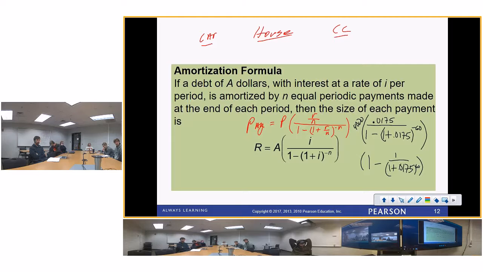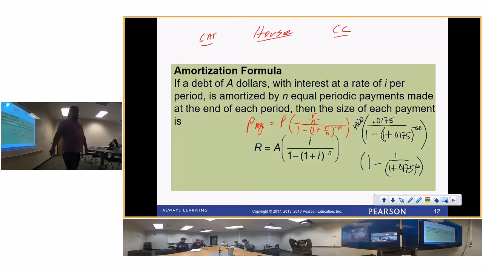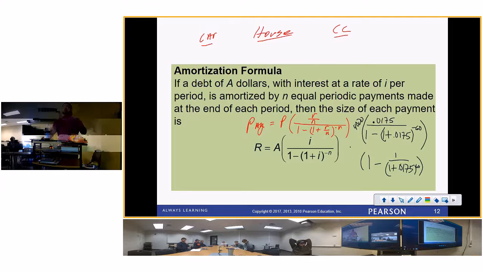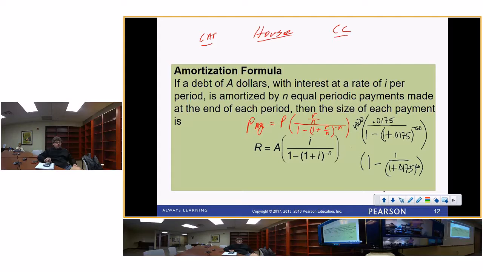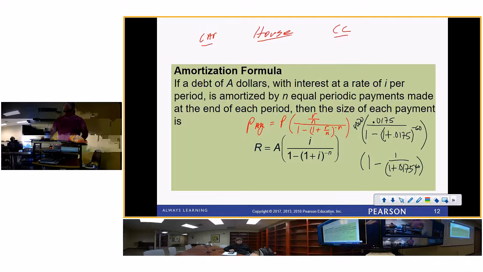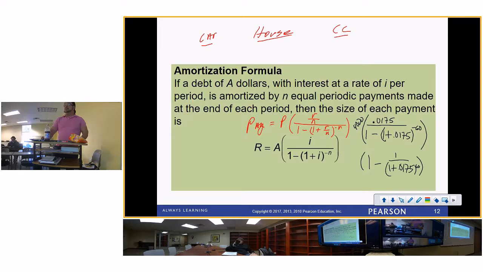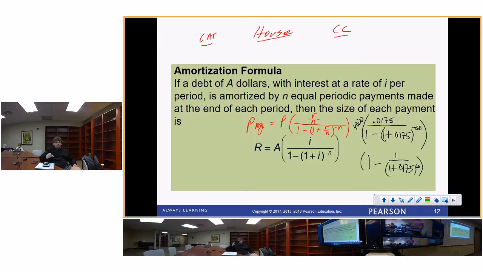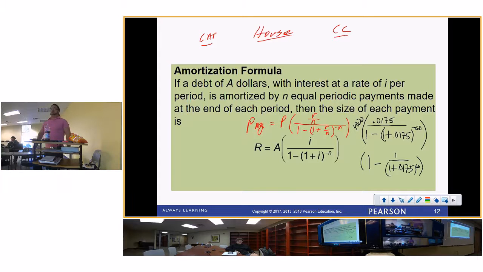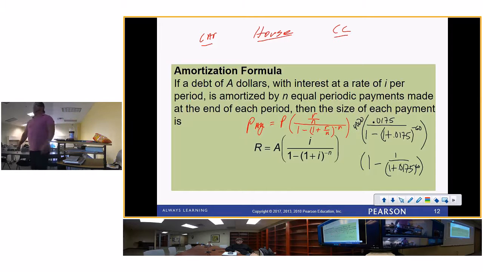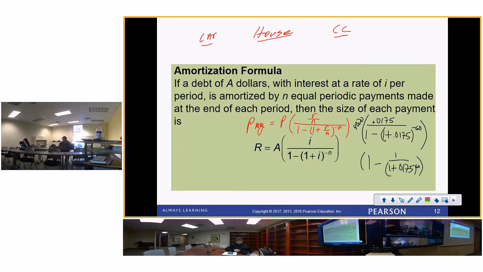We'll finish it because y'all can't work your calculator, so maybe you can do it better on the laptops. I got 108.21. Okay, so $110 payment. Multiply that by 60. 6,600.